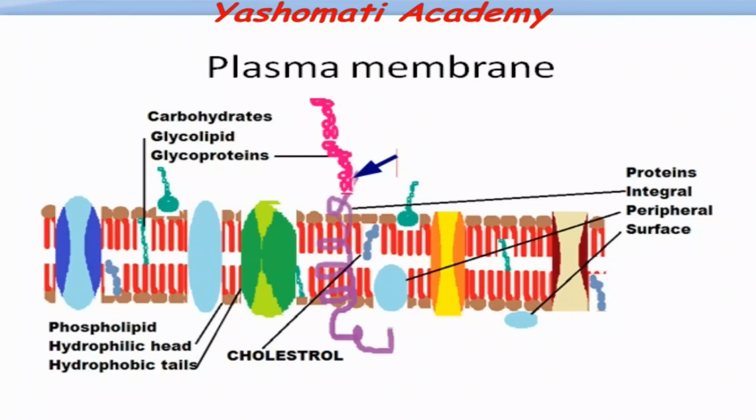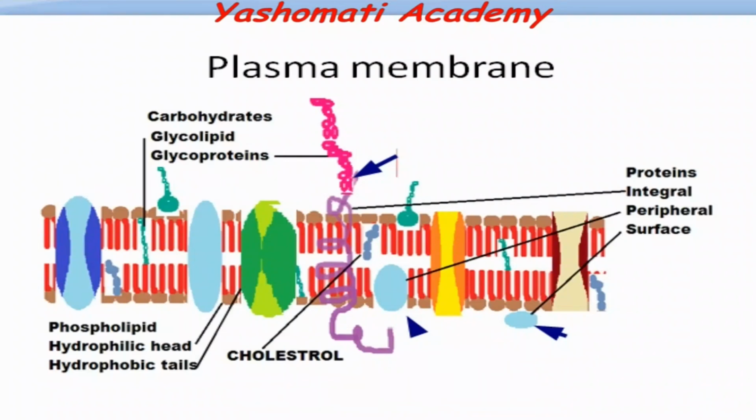Whereas this protein is attached only to the side. Such proteins are called peripheral, meaning in the boundary only. Certain proteins may be attached only to the surface, so they are called surface proteins. These different types of proteins shown here are also integral proteins.